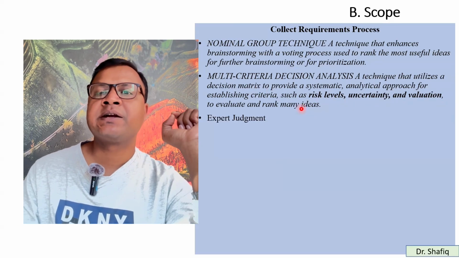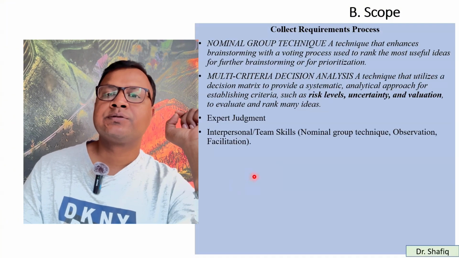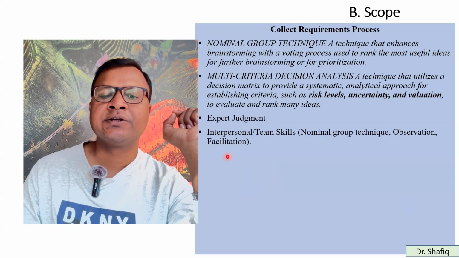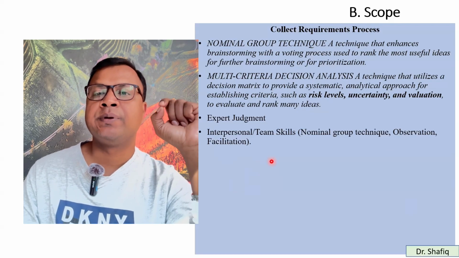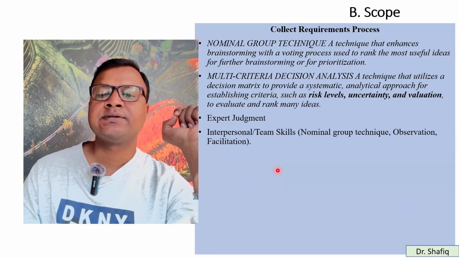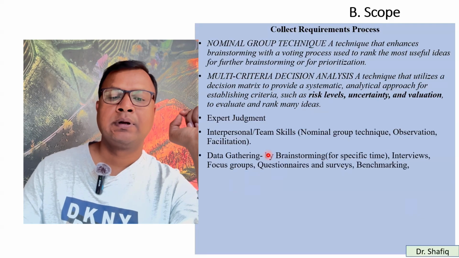You can have expert judgment on what requirements you need. You can use nominal group technique, observation, facilitation to assess interpersonal skills, which team is better, which person is better for what. So in this case, you can use nominal group technique, observation, facilitation.